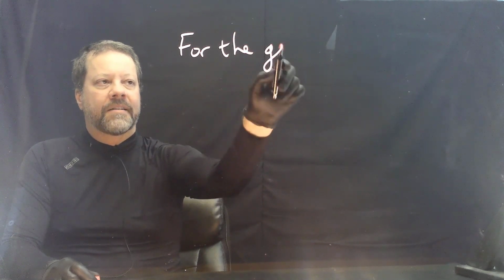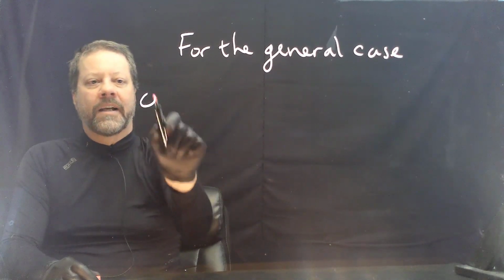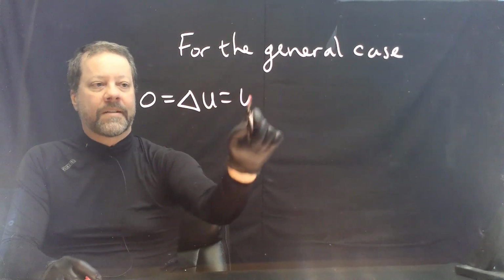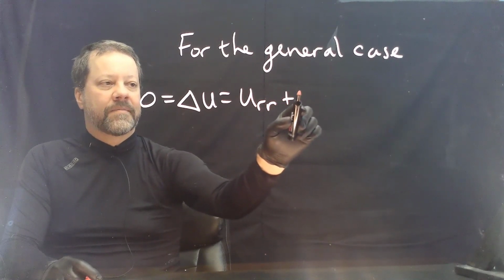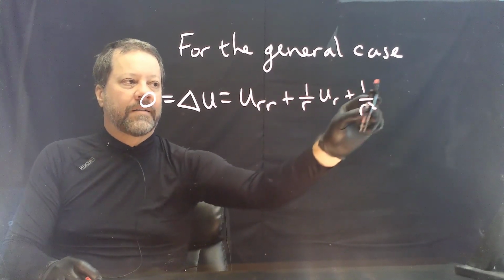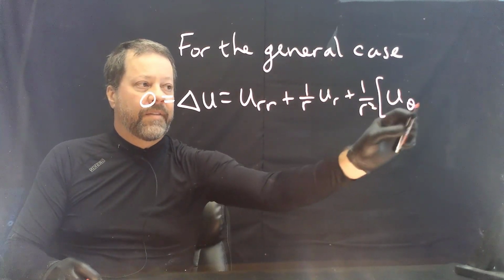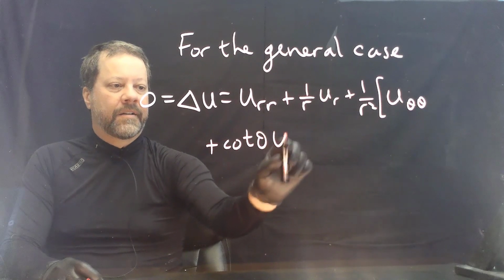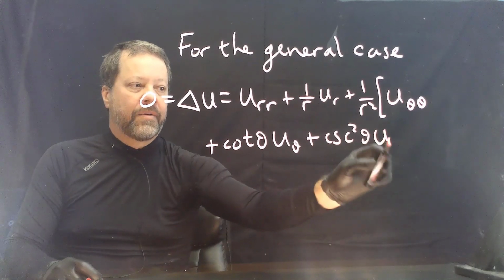For the general case, we'll have 0 equals the Laplacian of u, and in spherical coordinates, that's going to be the second order derivative of u with respect to r plus 1 over r u_r plus 1 over r squared times u theta theta plus cotangent theta u theta plus cosecant squared theta u phi phi.